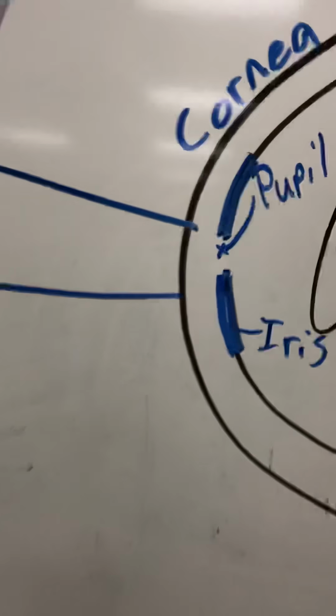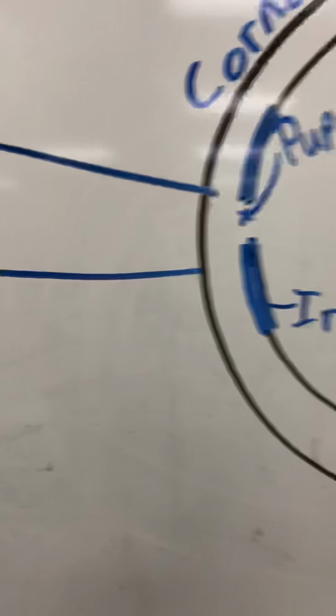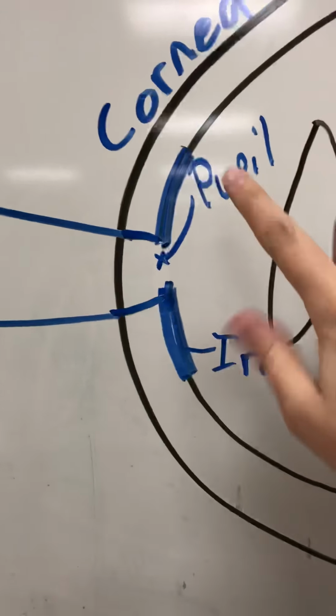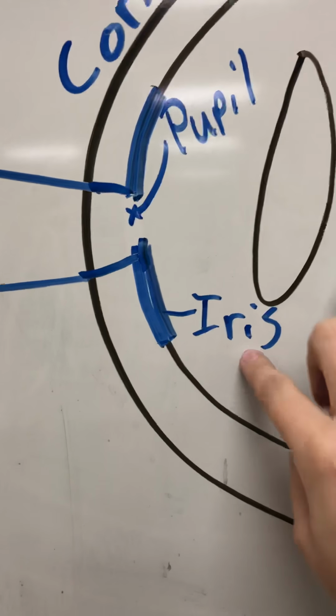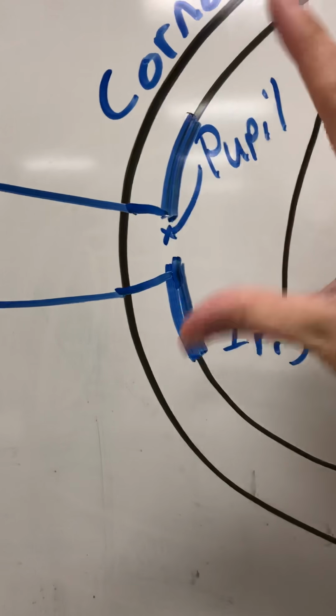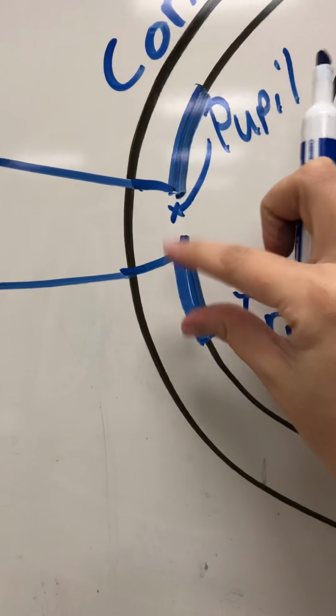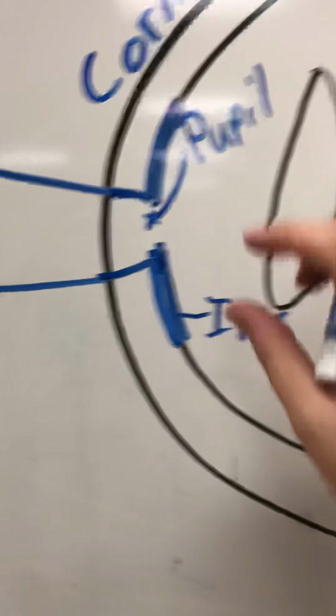So the cornea, which is protecting your eye, bends the light so it kind of focuses it. It goes through that pupil, and remember the iris is controlling how much light is in the room. There's lots of light in this room, so the iris is going to be expanded so that the pupil is smaller.